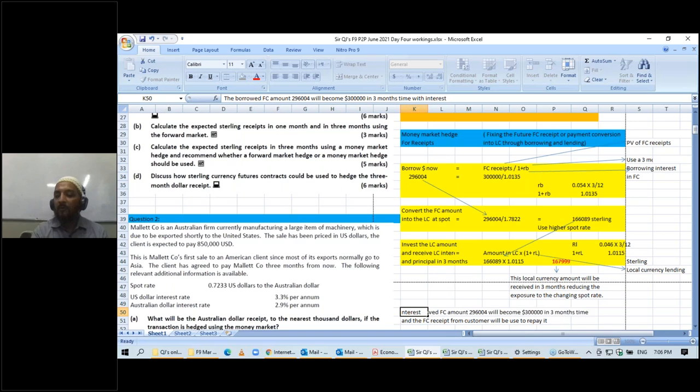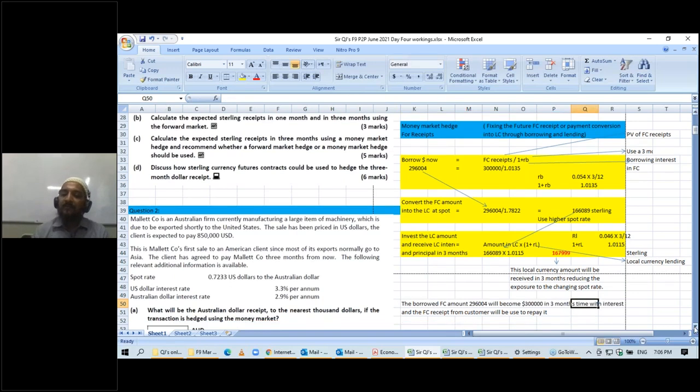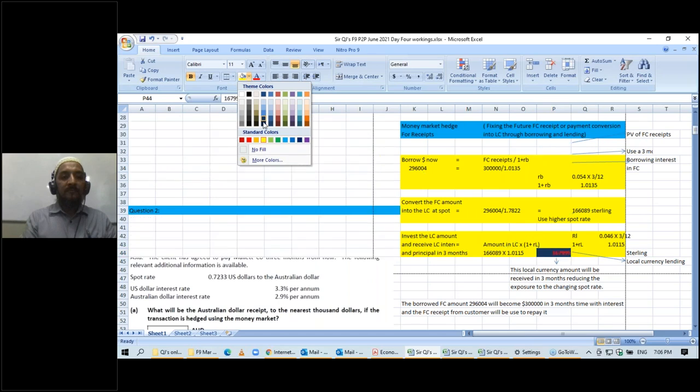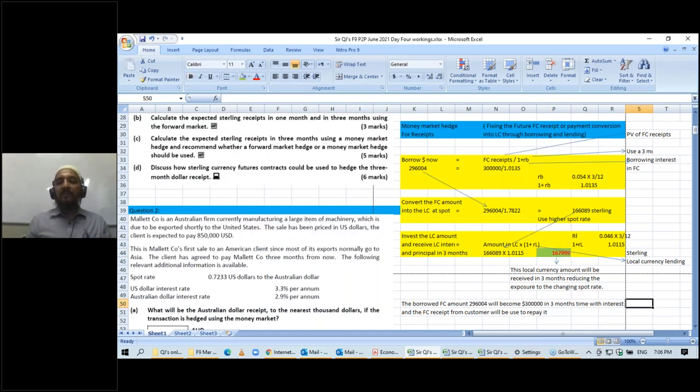And you will pay it using the foreign currency amount, so no effect. On the one hand, you will be paying the foreign currency amount using that 3 lakh, and you will be receiving the local currency amount 167,999. So that's your answer, which appears in red and green shade. So that's the strategy for your money market hedge for receipts.